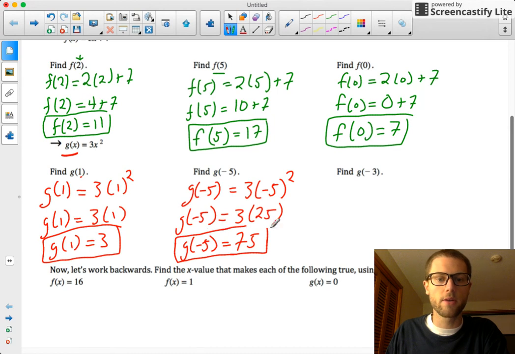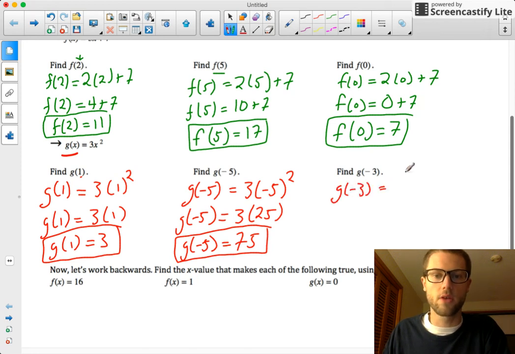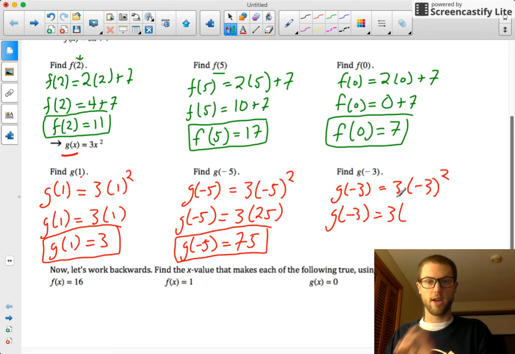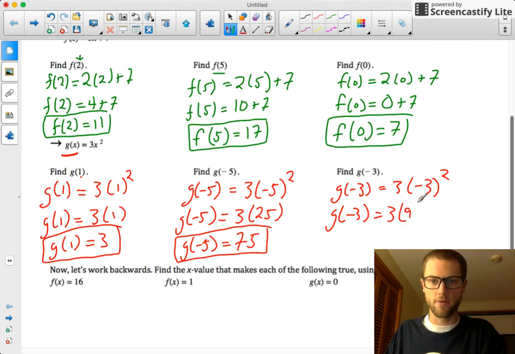If I input -5 into my function g, out comes a 75. And finally here, g of -3 is going to equal 3 times -3 squared. Evaluating this, I get 3 times -3 times itself is a positive 9. And so g of -3 equals 27.